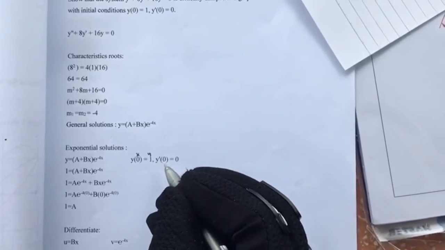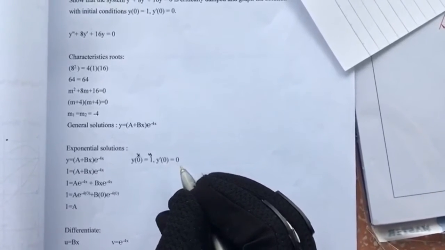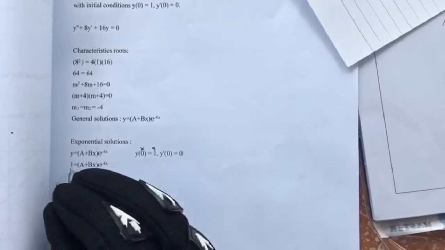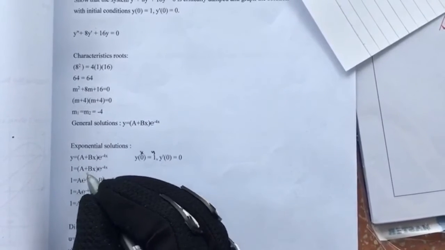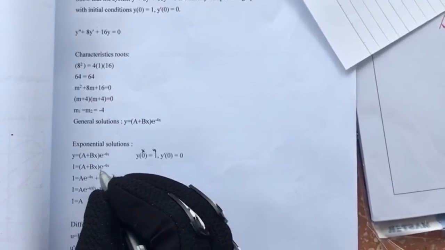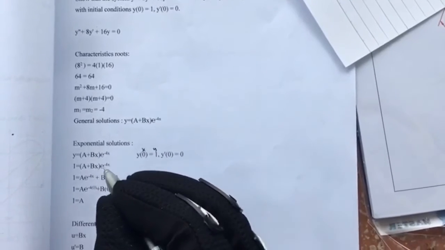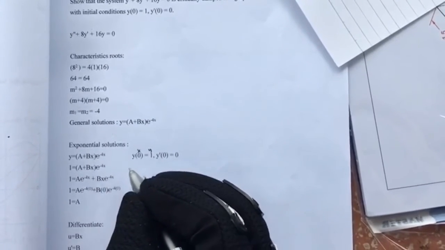The initial conditions are y(0) equals 1, y prime(0) equals 0. We insert y equals 1 into (A plus Bx)e^(negative 4x), and we will get A equals 1.